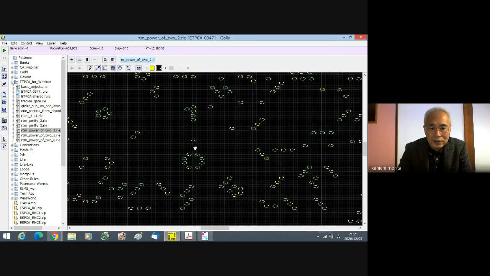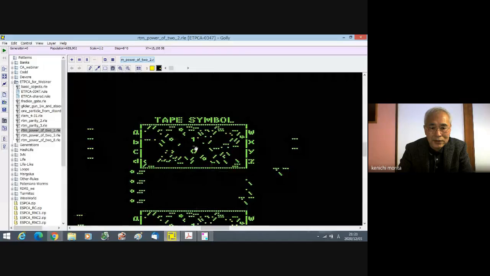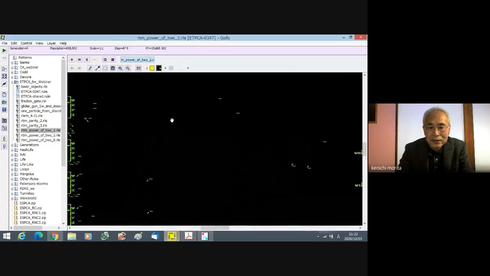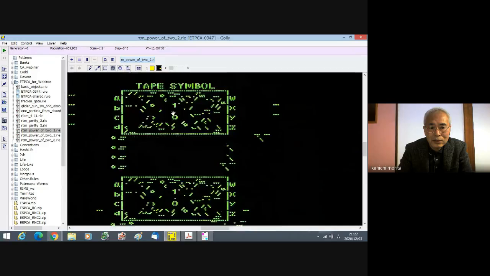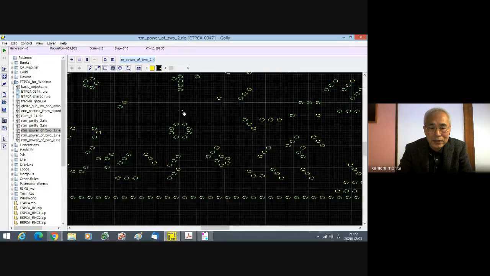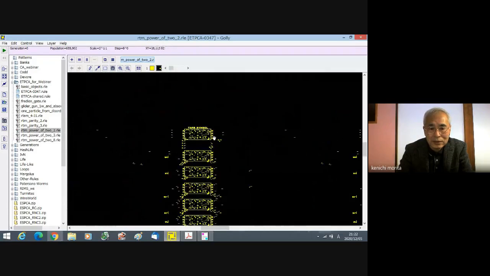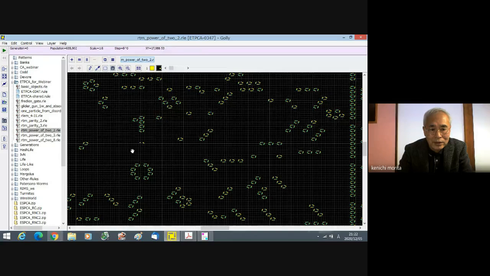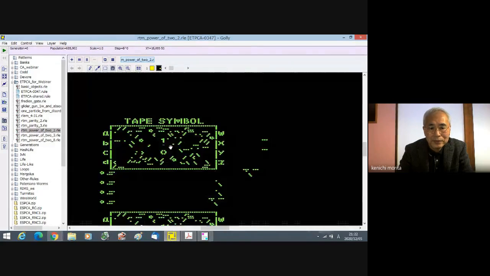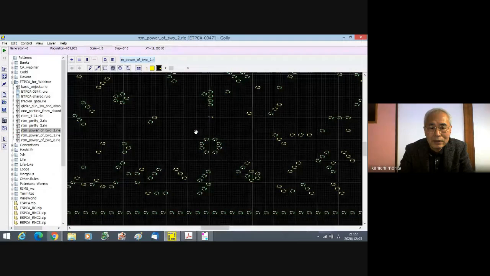This is in state 0. Therefore, tape symbol 0 is stored. Next, tape square. Also, symbol 0 is stored. 0, 0. In this case, 1. Symbol 1 is stored. 0, 0, 1, 1.